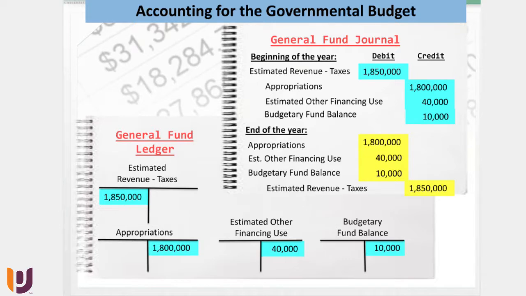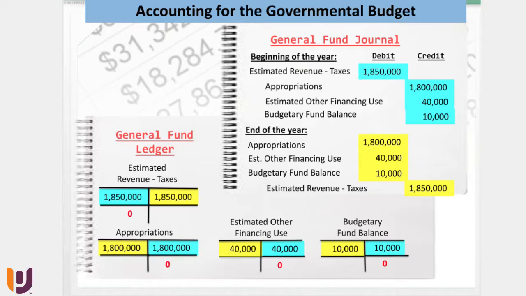At the end of the year, these entries are reversed and the new budget will be recorded. There is the journal entry to reverse the budget. Amounts are posted to the ledger, bringing the accounts to zero. We are now ready to record next year's budget.